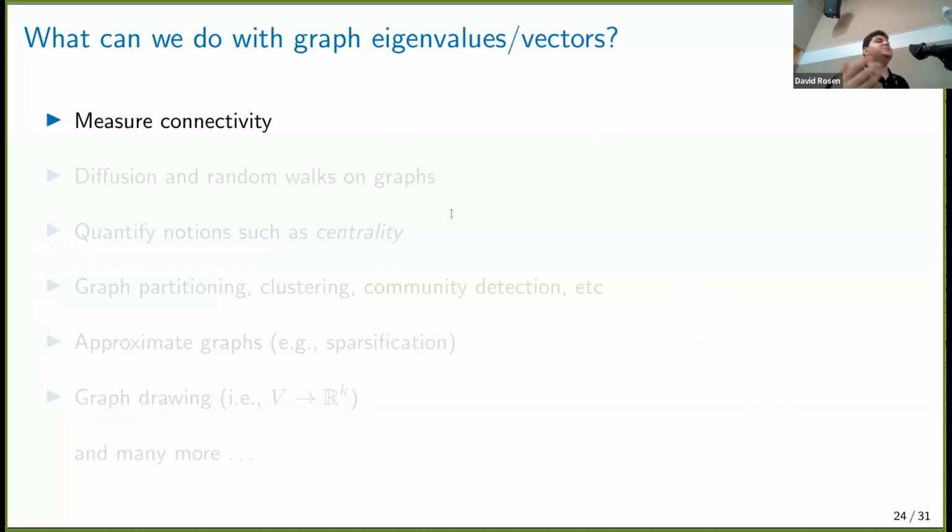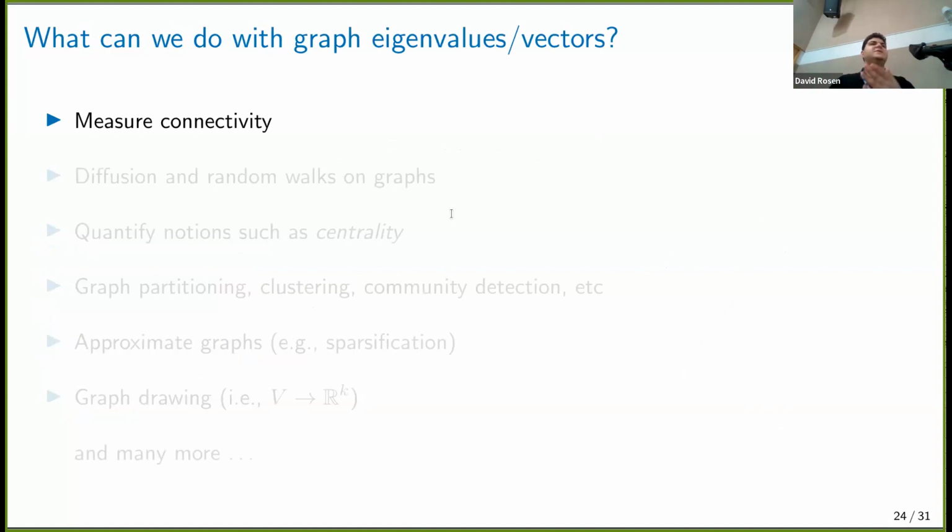I've just listed a bunch of things, and the list is obviously much longer than this. I'm going to cover 1 or 2 of these depending on how well we're doing with time. The first thing that I'm going to talk about more is that it allows you to measure the degree of connectivity of your graph. And as you can imagine, that's very important, right?